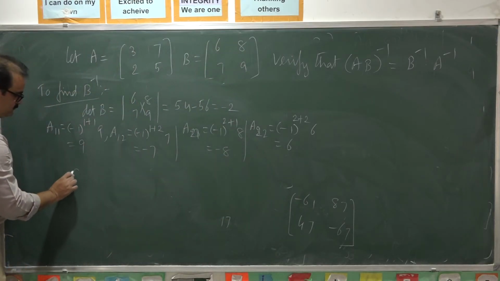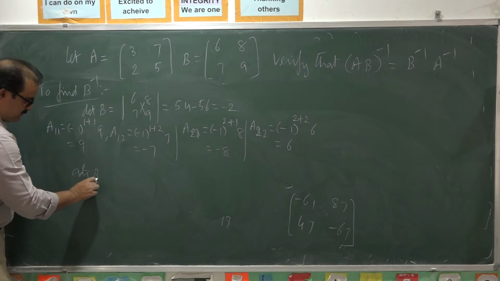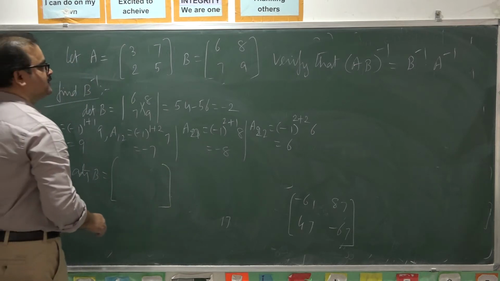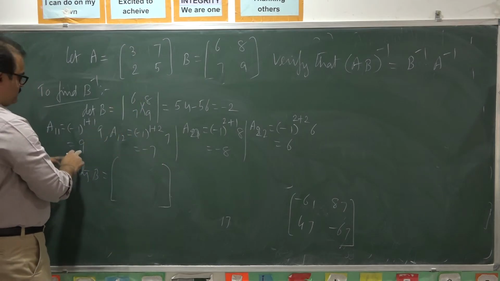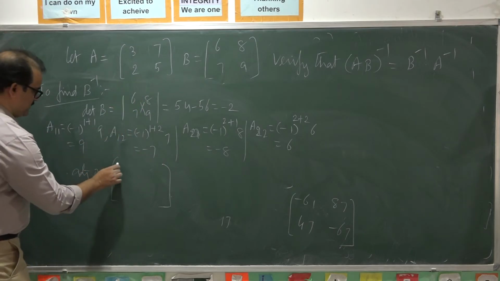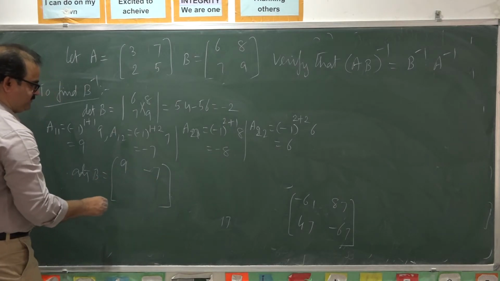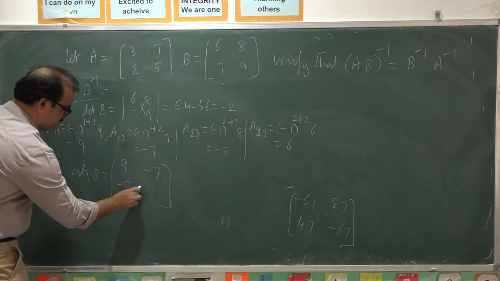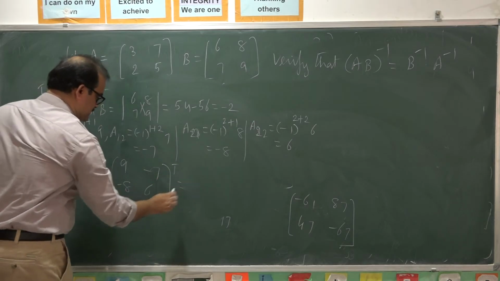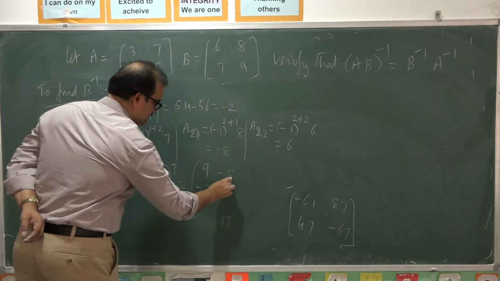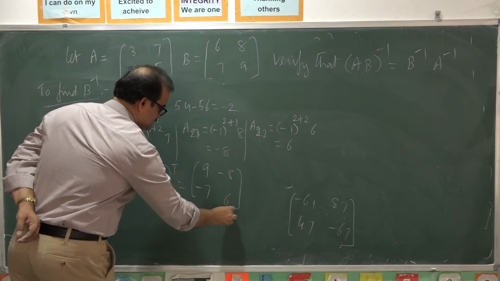Therefore adjoint B is equal to, replace all the elements with their cofactors, get 9, minus 7, minus 8, 6. Apply transpose to that: 9, minus 7, minus 8 and 6.